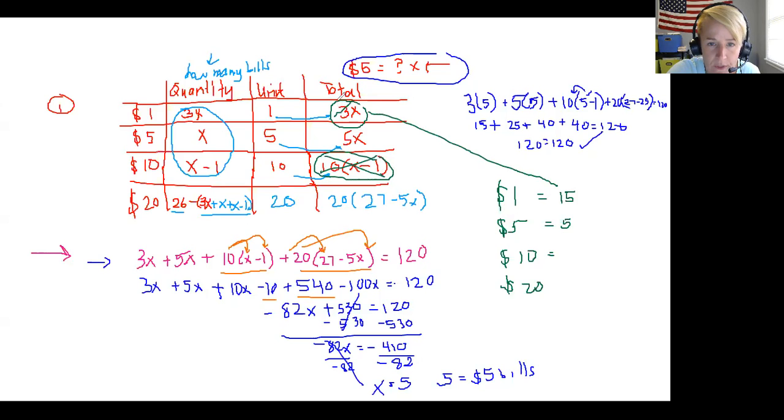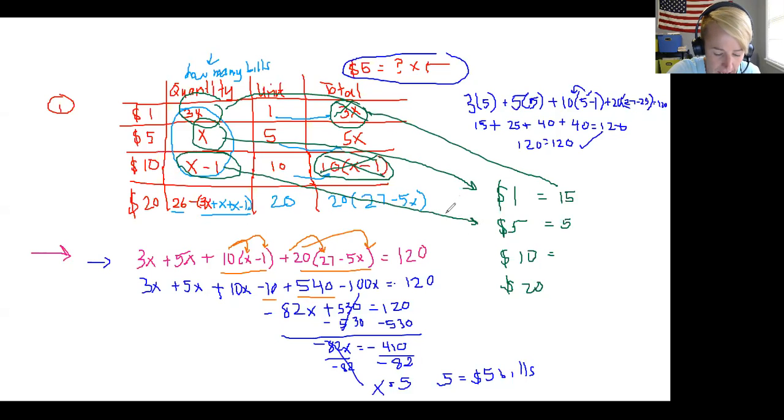So 3 times 5 is 15 because that's where just my single x is. X is a 5, and now x minus 1, because in the problem it said 1 less ten than fives. So x minus 1 means there's 4 tens, 4 $10 bills.